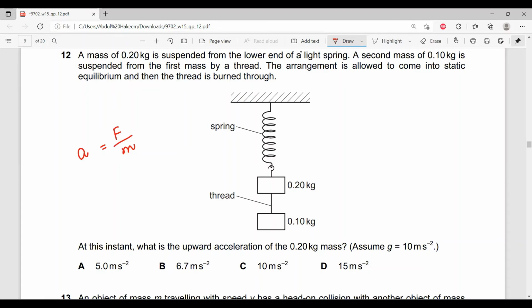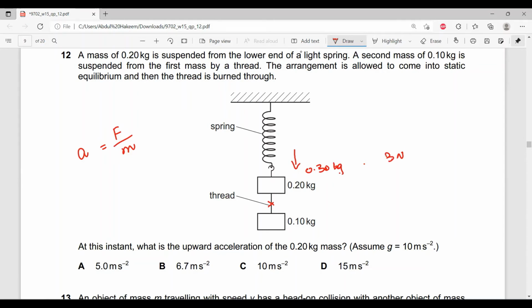The arrangement is allowed to come into static equilibrium, and then what is the upward acceleration of this 0.2 kg mass? Okay. So when it is burned away, the total force exerted downward, total force before the burning of the thread is 0.30 kg, meaning 3 Newton downward total force.